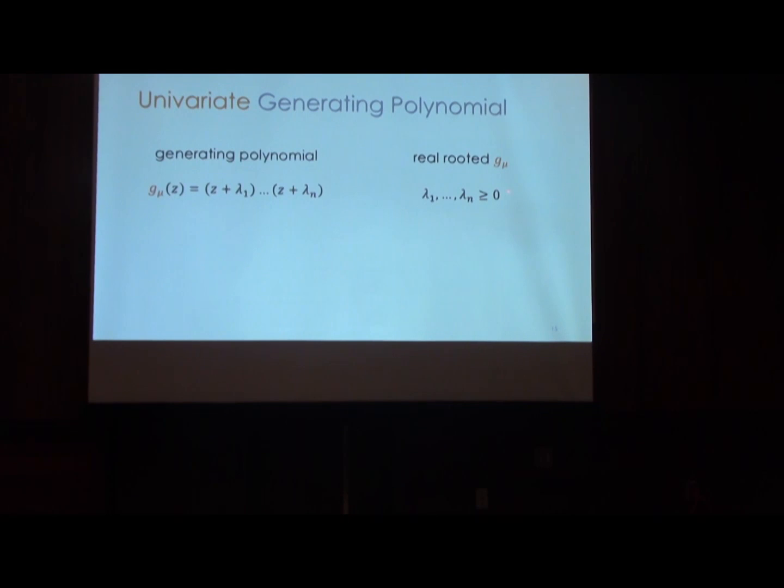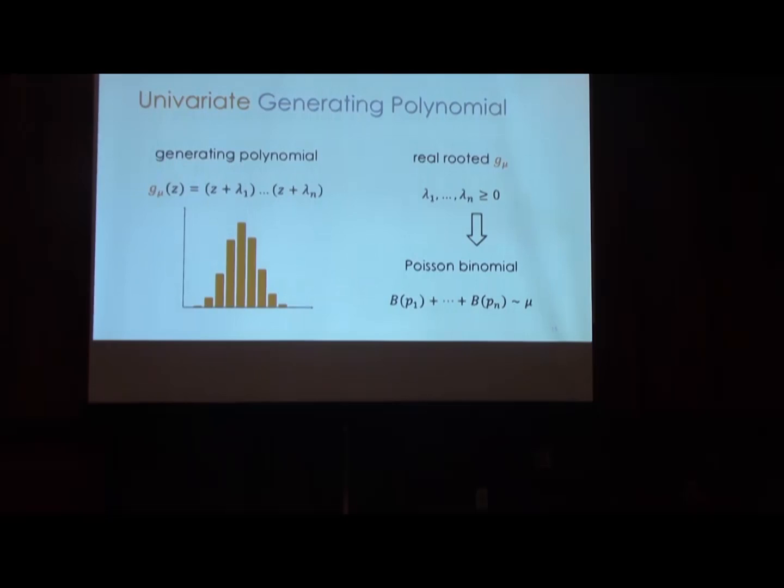So if I require my generating polynomial to be real rooted, I can factorize my polynomial in this way and make sure that the lambda i's are positive. And then from this, you conclude that the measure that you were dealing with had to be a Poisson binomial.